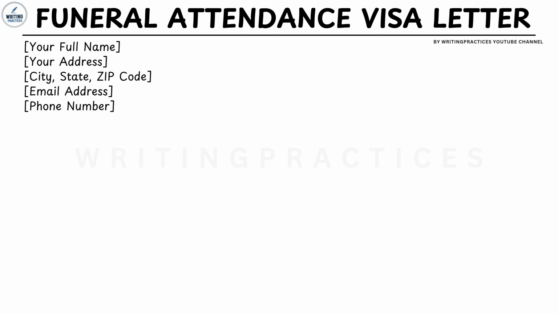Sarah Thompson, 456 Elm Street, Los Angeles, California, 90001, sarah.thompson@email.com, 310-555-6789. Providing clear and accurate information here is crucial, as it allows the consulate or embassy to verify your identity and reach you for additional details, if necessary.